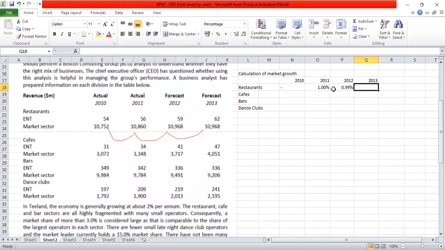The next year, since we see there is no change, 10,960, 10,960, we can mention this as 0% change.